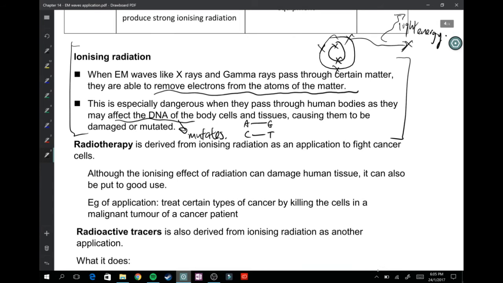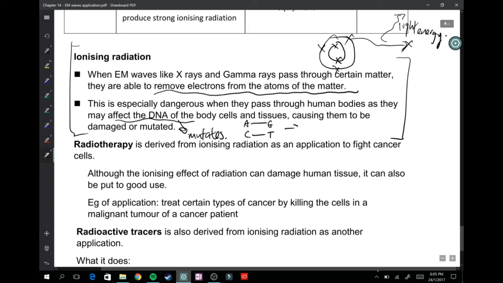Now in the case when X-ray comes in contact with the human body, the DNA might mutate. And if it mutates and links up A with A and C with T in this manner, this will cause a deformity. You see the different letters that make up our DNA: A, G, C, T, if I'm not wrong.